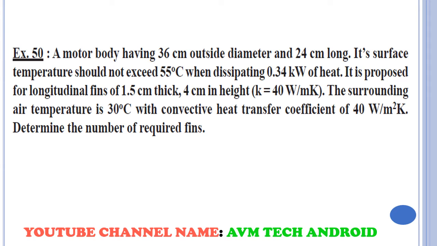In the data it is given that a motor body has a 36 cm outside diameter and is 24 cm long. So the first thing is that the data which is in centimeters, we have to convert into meters. Now what is next?